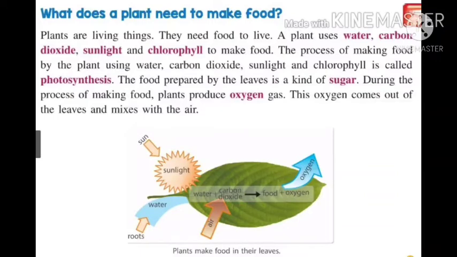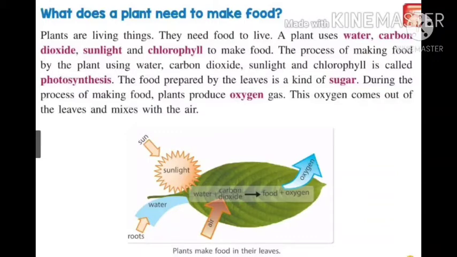The process of making food by the plant using water, carbon dioxide, sunlight and chlorophyll is called photosynthesis. The food prepared by the leaves is a kind of sugar. During the process of making food, plants produce oxygen gas. This oxygen comes out of the leaves and mixes with the air.